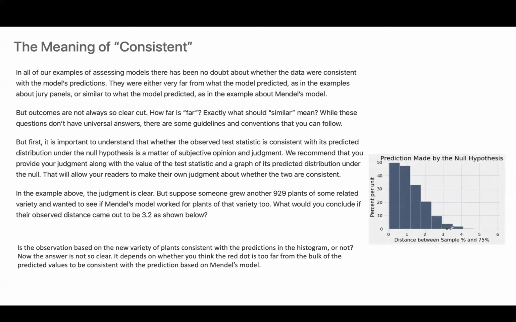Just right here, you see the red dot? Is the observation based on the new variety of plants consistent with the prediction in the histogram or not? Now, the answer is not so clear. It depends on whether you think the red dot is too far from the bulk of the predicted values to be consistent with the prediction based on Mendel's model.